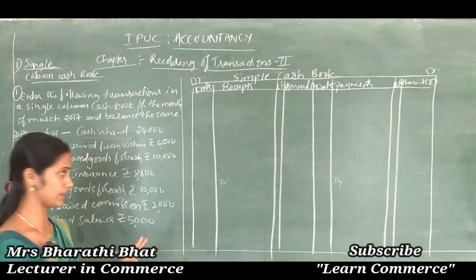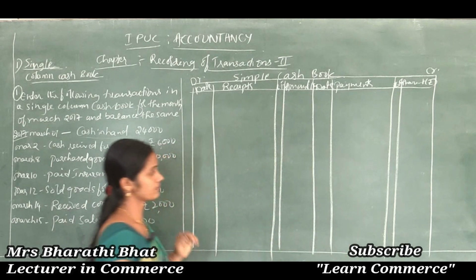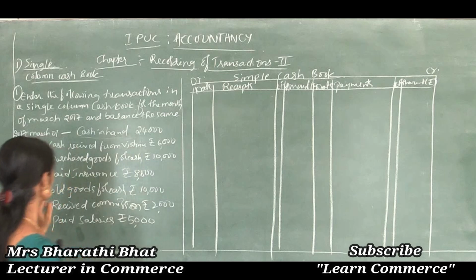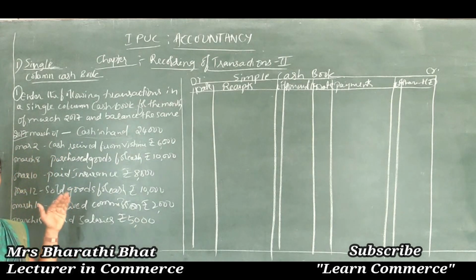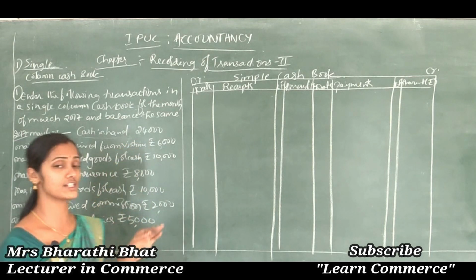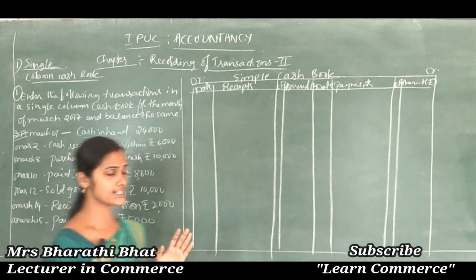That is very important here. You must mention the date, and you must use the words To and By on both sides. So the opening balance at the beginning is always considered a brought down amount, To Balance Brought Down.